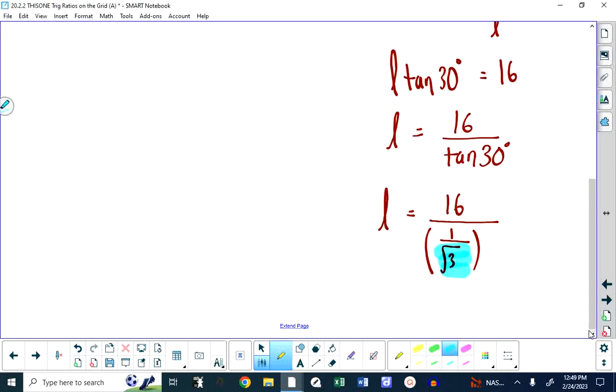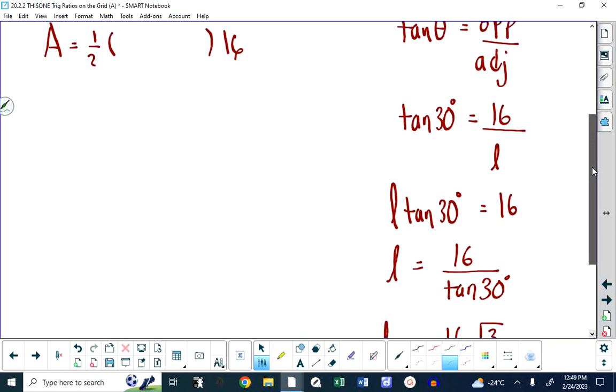So what I can do to get rid of that mini denominator is multiply the top of this and the bottom of this by root 3. And what happens on the bottom of my entire fraction is these cancel, and I'm left with 16 root 3. And what that means is that L, let me write that down so we can see it, L is equal to 16 times the square root of 3.